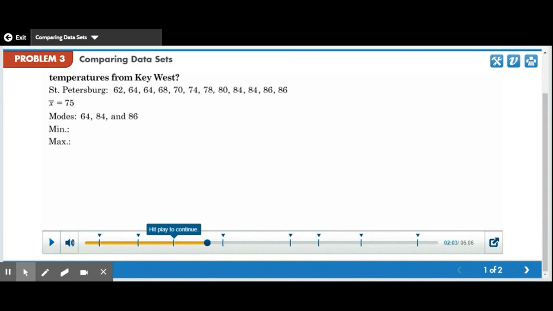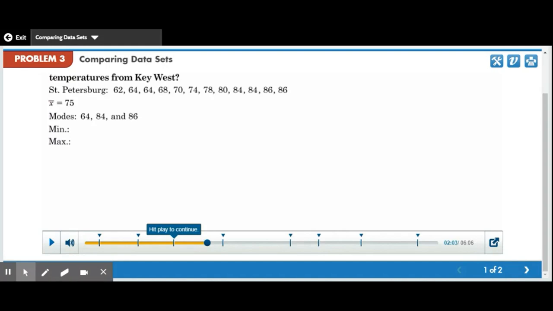Before we move on to the minimum and maximum, I just want to bring up that it is okay to have no mode for a data set. Maybe nothing happens more frequently than another. It's okay to have just a single mode. It's okay to have more than one mode. Sometimes if we have two, we call it a bimodal data set. Sometimes this one's technically a trimodal, but oftentimes we actually just call it a multimodal data set.